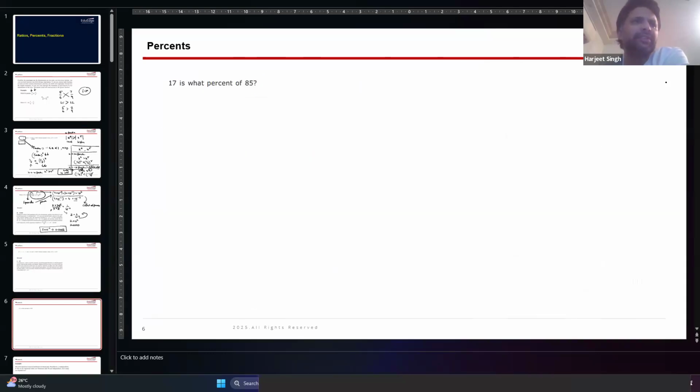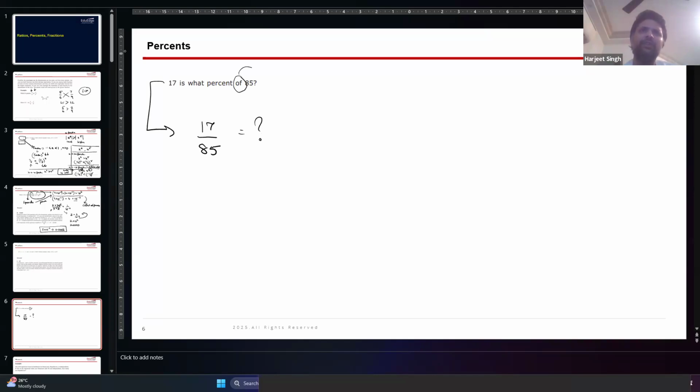Next, percentages. So some basics on percentages. 17 is what percent of 85? Such a setup will basically mean 17 divided by 85 equals what?